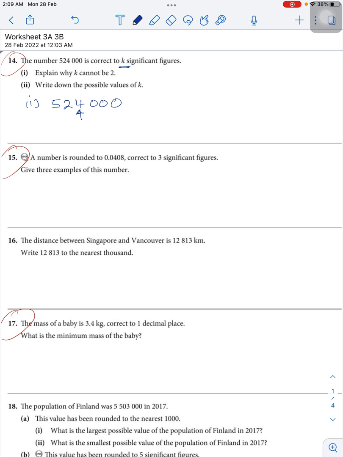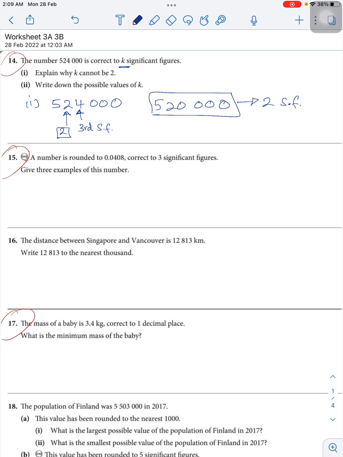So this is your third significant figure, and this is your second. If it's the second, then you should only have two numbers. That means you should just have 520,000. In this case, you have rounded this off to 2 SF.